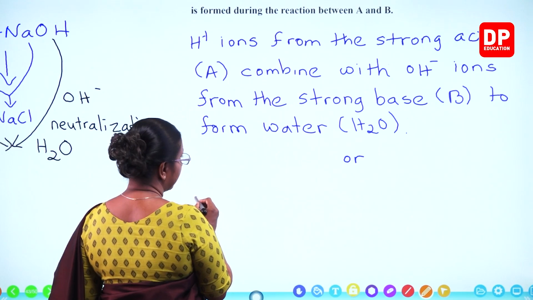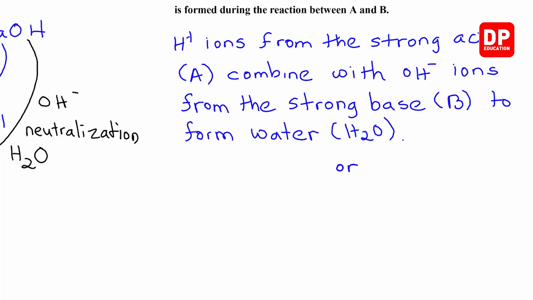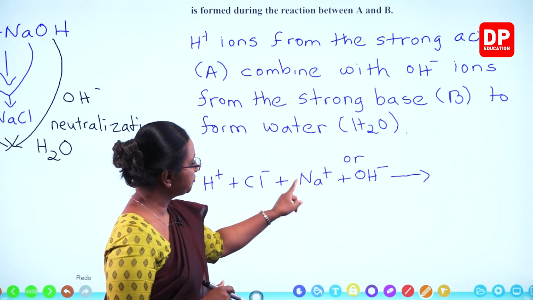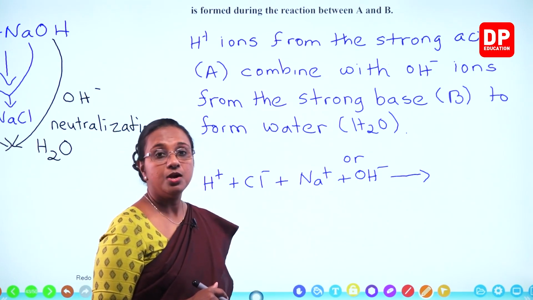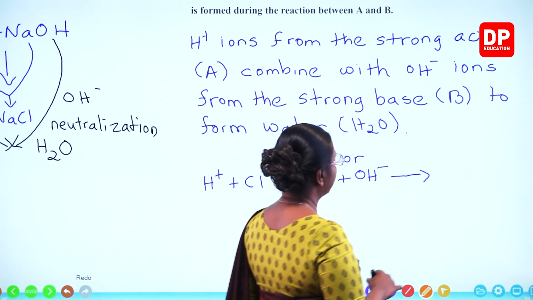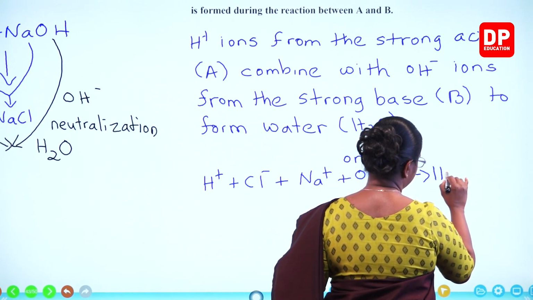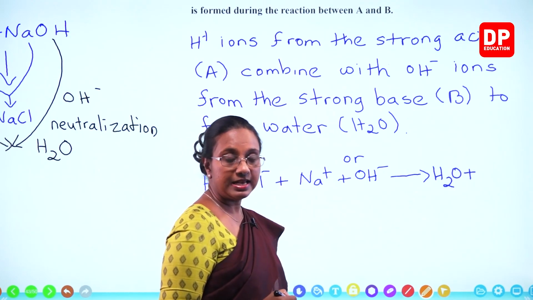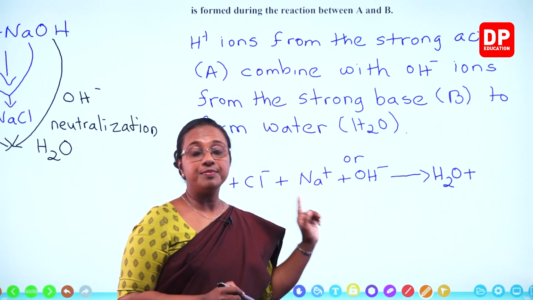So there, what are the components? Now you all know strong acid dissociates to H plus and Cl minus. The same way strong base also dissociates completely, NaOH to Na plus and OH minus. So from the strong acid you have H plus and Cl minus. From strong base you have Na plus and OH minus. When that combines together, you get water, plus you do have the Cl minus and Na plus. They combine to form the salt.